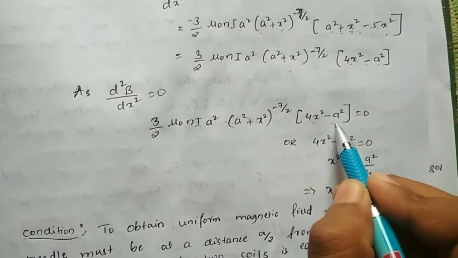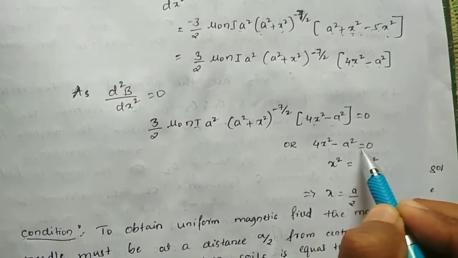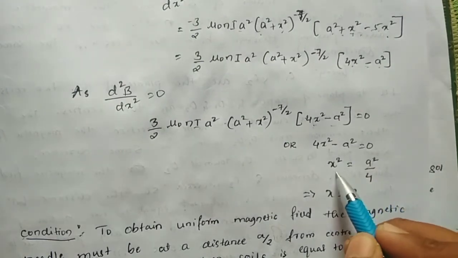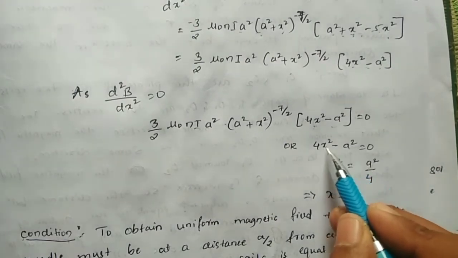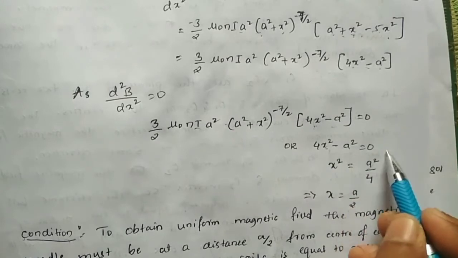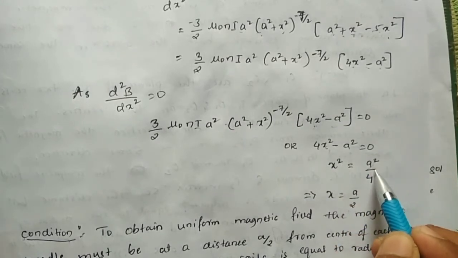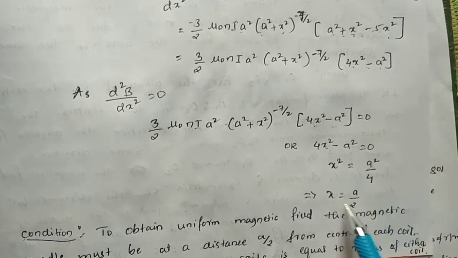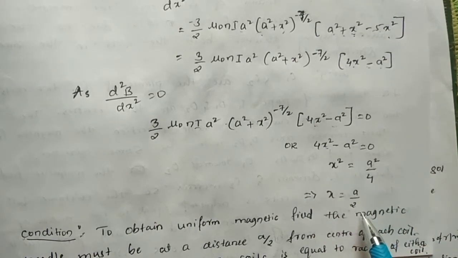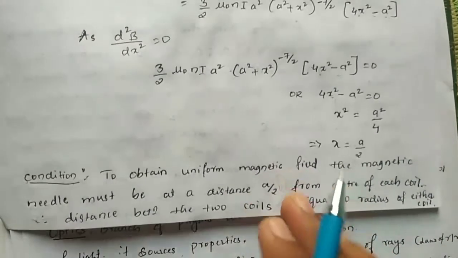So the remaining term 4x square minus a square equals 0. So x square equals, minus a square comes here, plus a square divided by 4, x equals a by 2. Okay, this is the condition.